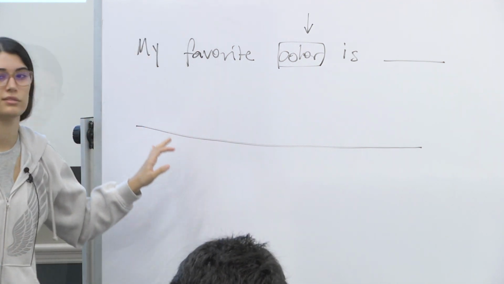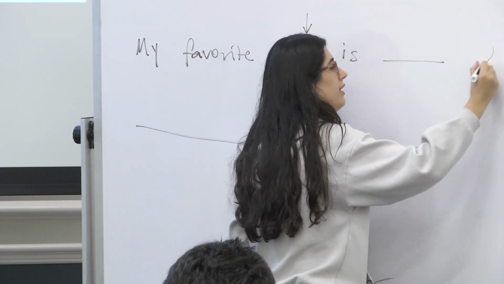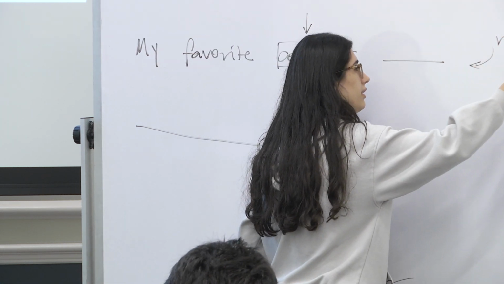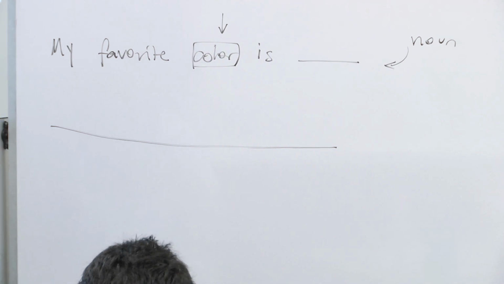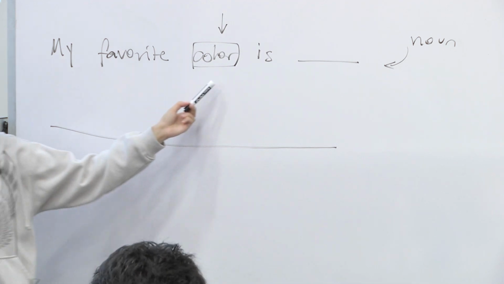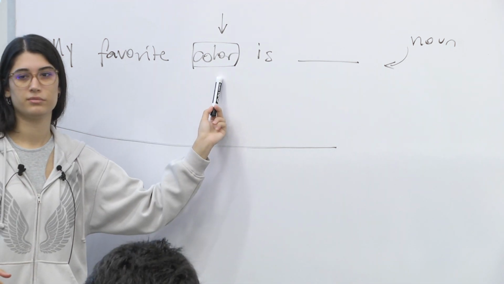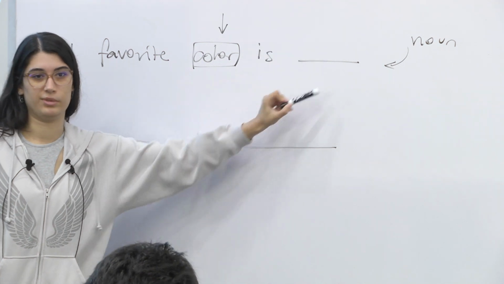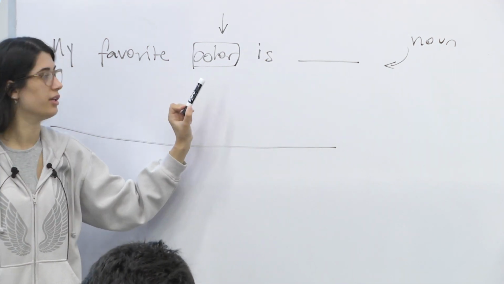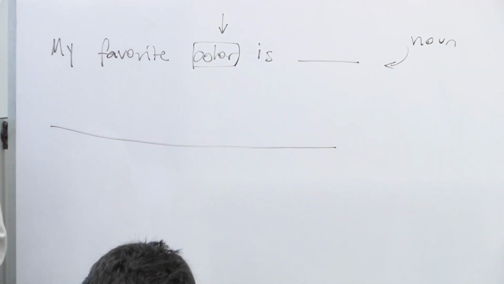Anything else? So maybe we're expecting a noun here based on grammar. Do you think that's learnable? Is that a learnable rule for the English language? Okay. And is this relationship learnable between color and maybe some color has to go here, matching with this description?